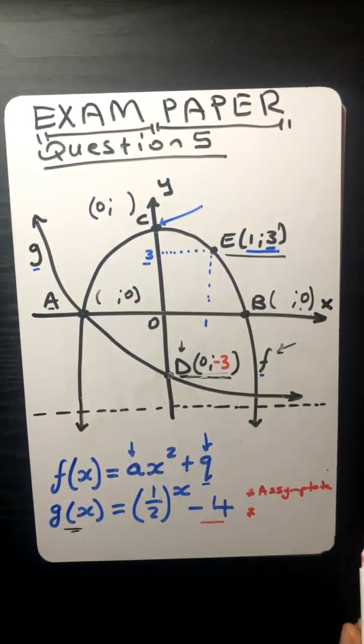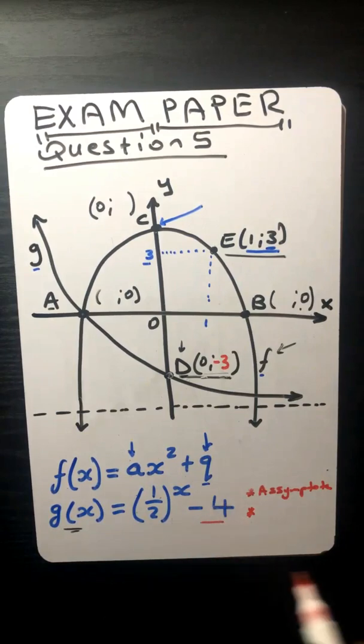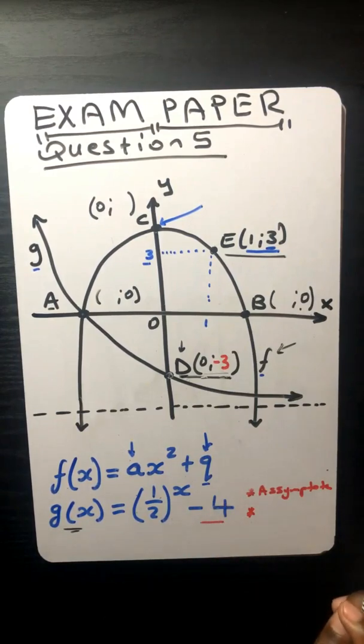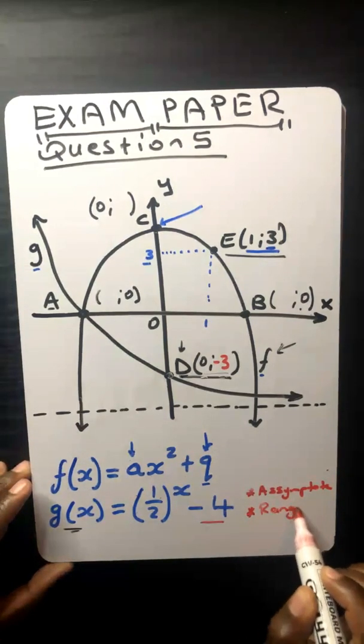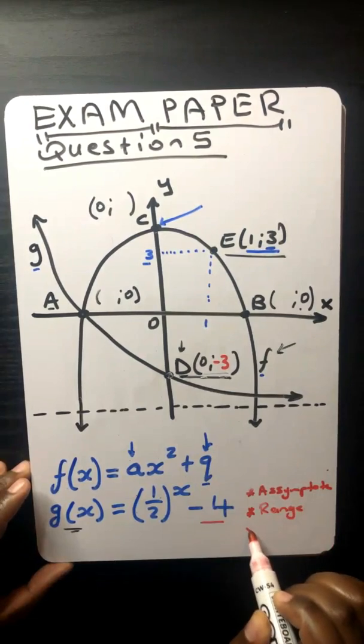Just unmute your mic and mention what you know about that -4. I think it is the range of g of x. Someone said, again, it is the range of g of x.